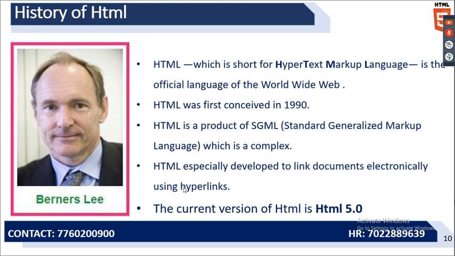So wherever it is, we are accessing the documents of Amazon. That means we are accessing them through the internet, that is, electronically, guys. The current version of HTML is HTML 5.0, and we are going to learn 5.0 only. Clear?